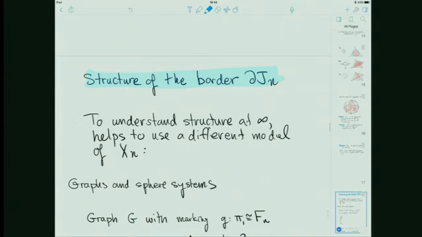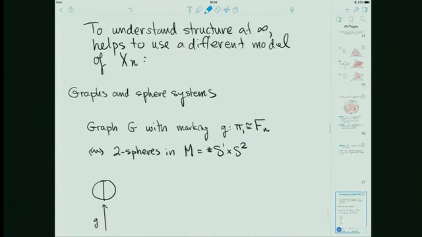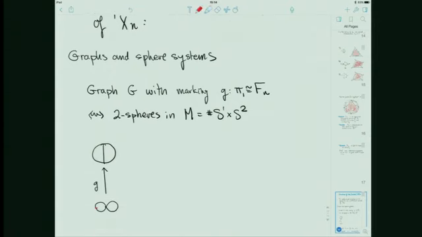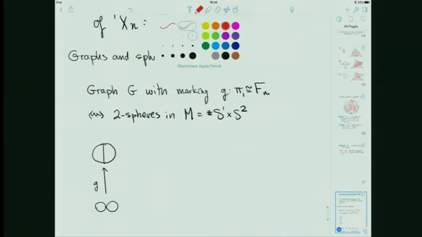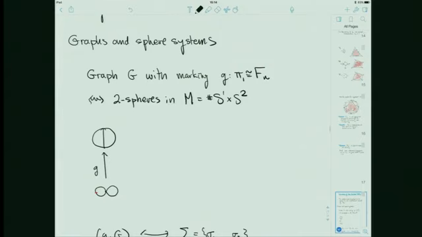It turns out that to understand the structure at infinity, it helps to use a different model of outer space. Instead of a marked graph, I can think of a marked graph as a system of spheres in a 3-manifold. How do I do that? Well, I take this graph and thicken it up to a handlebody.